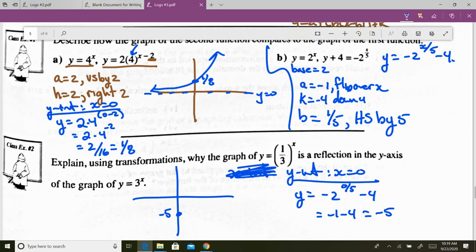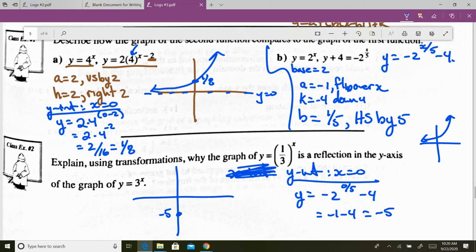Is this a growth or decay? Growth, right? However, what have we done? We flipped over the x, right? So if you actually sketched out the transformations, and I took that negative away, it's going to look something like that, right?